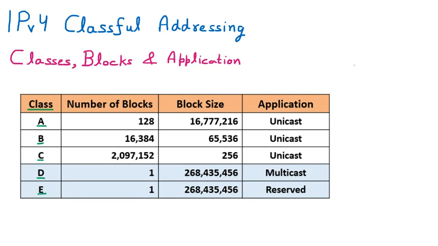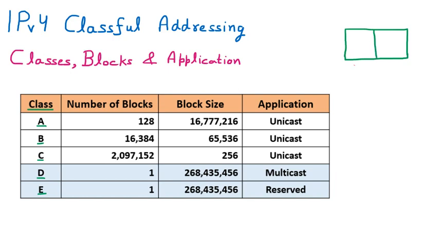Now we are going to each class one by one and understanding how many blocks are there. To understand this, what is a block and what is the block size? I am taking an example. Let us suppose that I have a space. This is a space which is given to me. In this space, I can divide it into 2 parts.